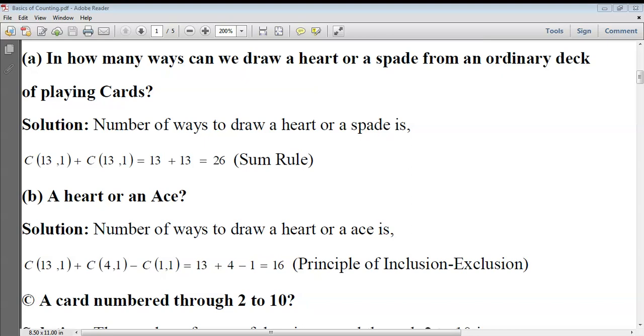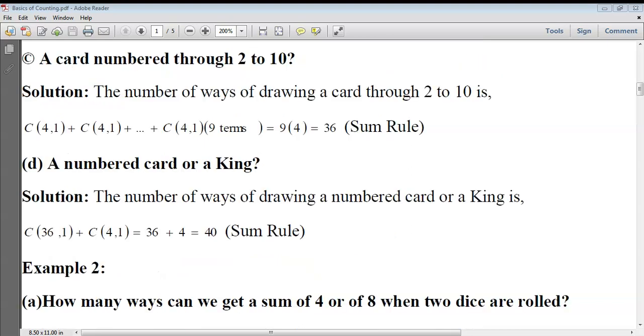Now the next question is the number of ways a card is drawn from a pack of cards so that the card is from 2 to 10. The numbered cards from 2 to 10 will be 4 each.